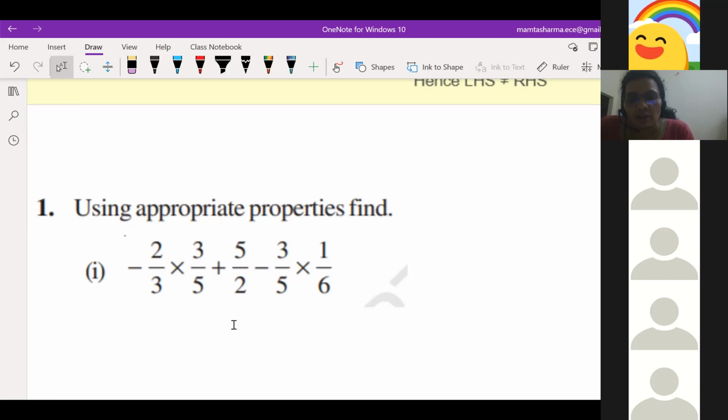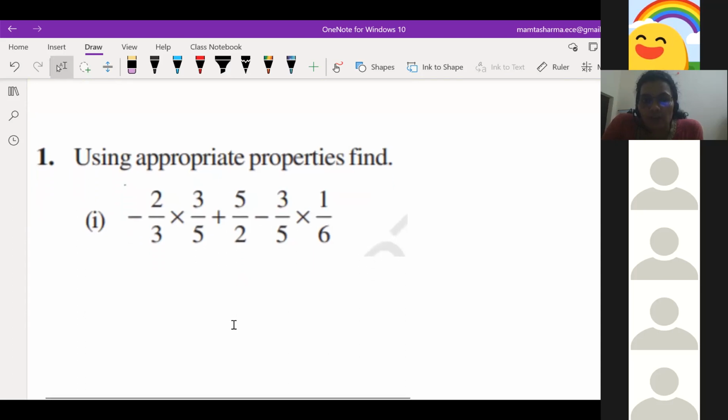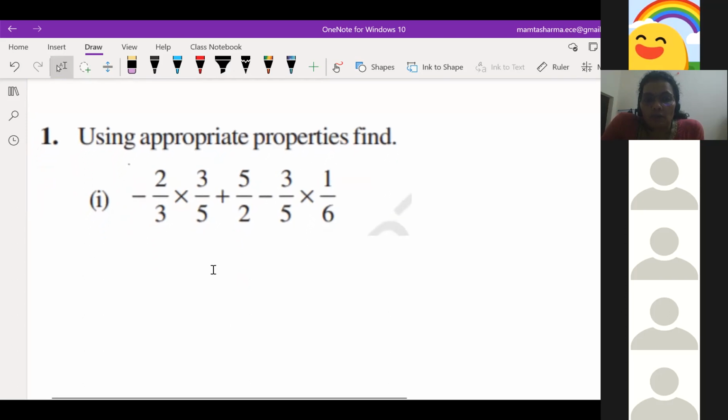Which property will be used over here? Commutative or associative? We have seen these two types of property. Which property will be used to solve this? Maybe commutative.